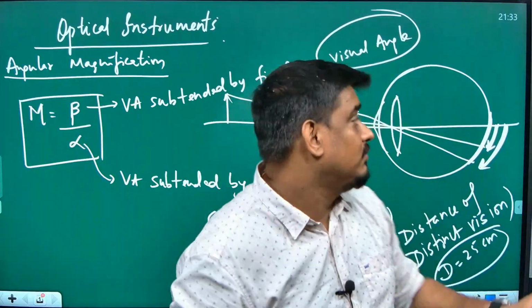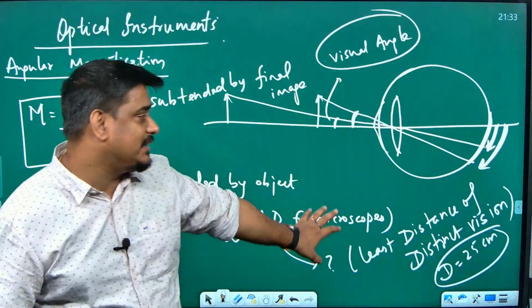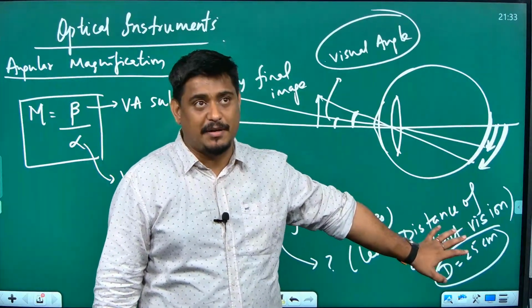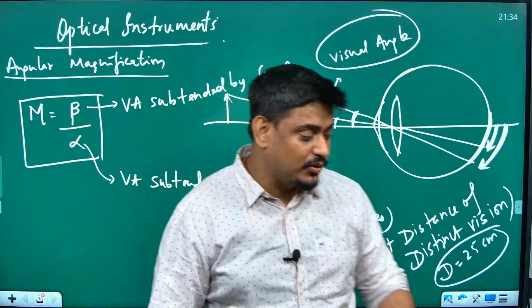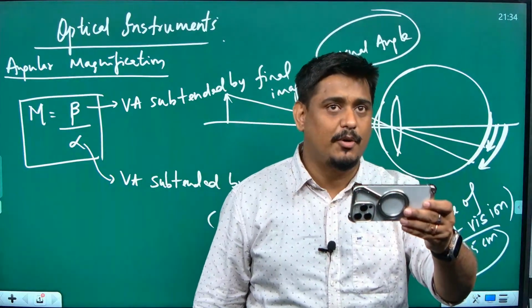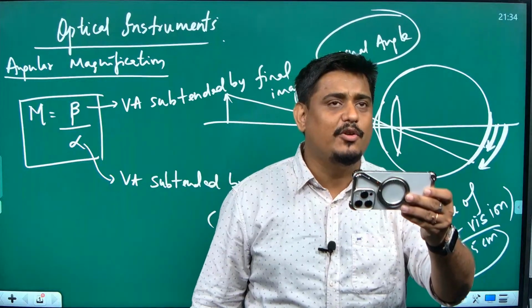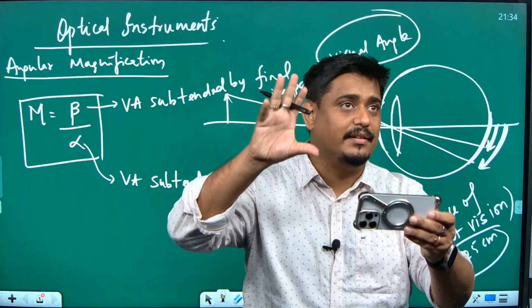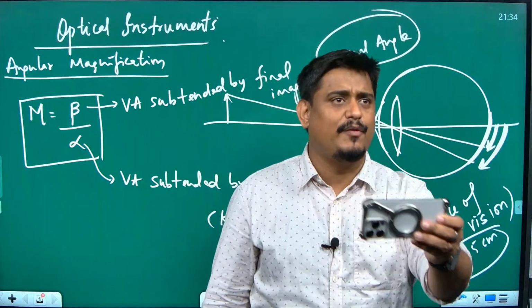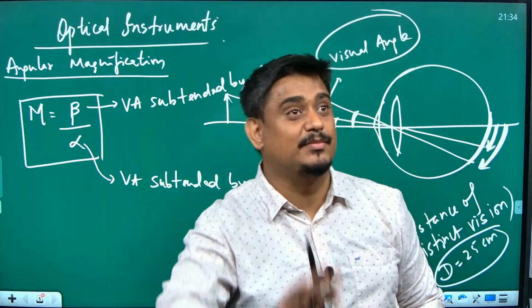So, though we are getting the best clarity at 25 centimeter, it is not recommended to see the object at 25 centimeter. That's why when we study also, it is always advised that don't keep it too near to your eye. Because if you keep it too near to your eye, your ciliary muscles will be strained. So, they are always saying keep it a little far and study. If you keep it a little far, then your eyes are not maximally strained.